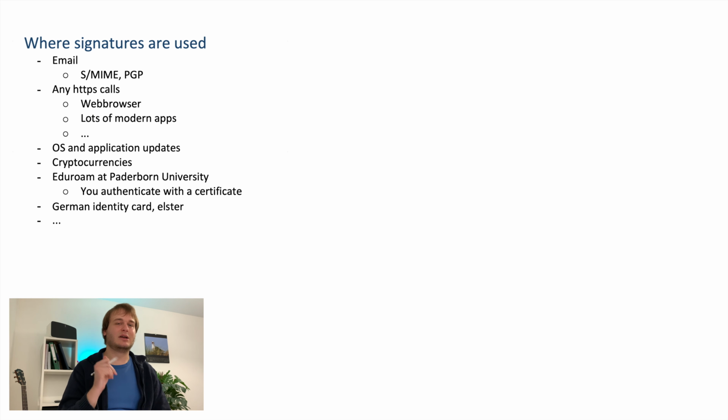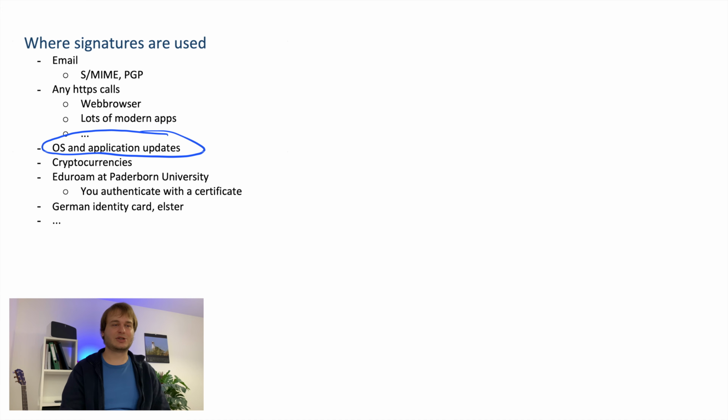One really critical area where digital signatures are used is operating system and application updates. So we all know this, we get updates for apps and our operating system regularly. And the idea is now that these updates that I get, they would be signed by the operating system vendor, so by Microsoft, for example, for Windows updates, or by the application developer.